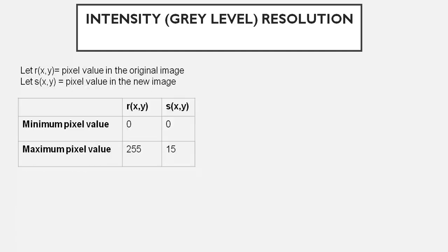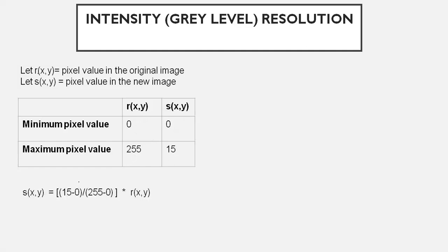So let us call the pixel in the original image R and the pixel in the new image S. In the original image, the minimum and maximum pixel values are 0 and 255. In the new image, we want the minimum value to be 0, but the maximum value now has to be 15 only. So as earlier said, 0 to 255 has to be mapped to 0 to 15.